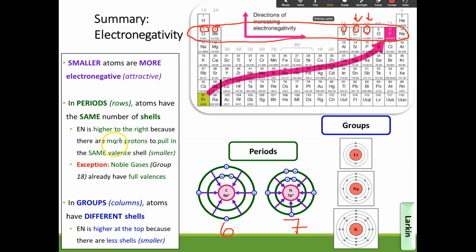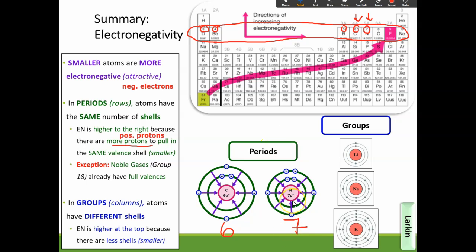As you add more and more protons, protons are positively charged, and remember electrons are negative. The positive protons are the things that are actually attracting those electrons. So the more protons you have, the more attractive you are.